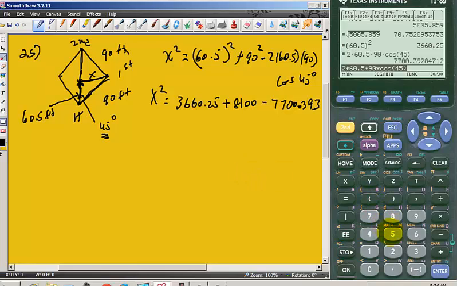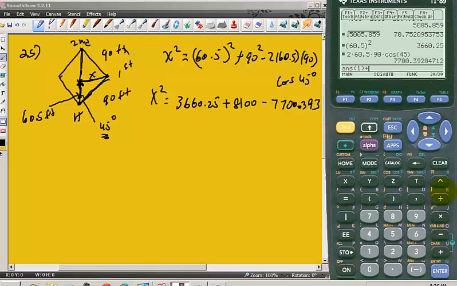Alright, so we're going to add, subtract all the way across. So I have a plus. Oops, no, I can't do that. Clear that out. So 3660.25 plus 8100 minus 770.393. Okay, hit enter.